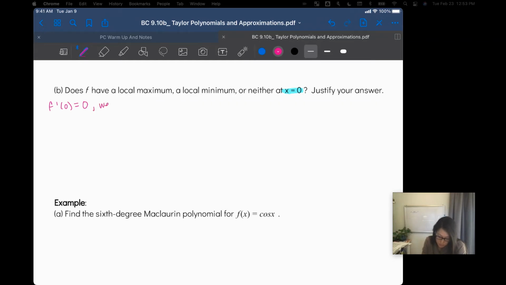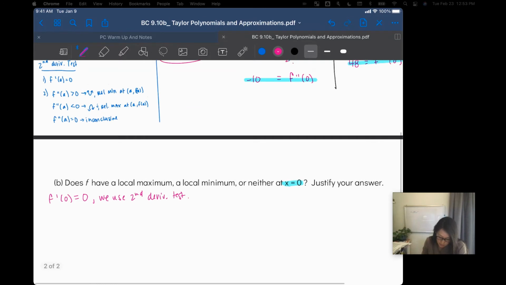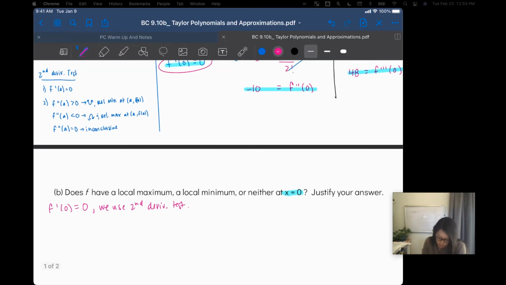So we use the second derivative test. For the second derivative test, we need f prime of x to equal f prime of a, where our a or c is equal to 0. So condition number 1 is good. The second thing we do is test the concavity.